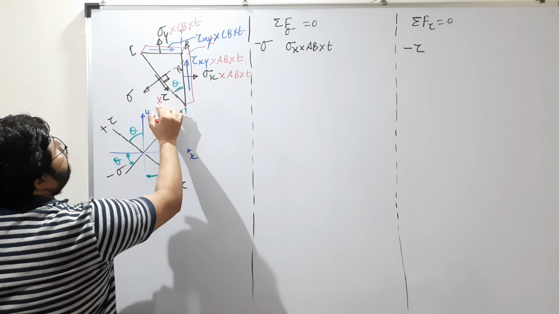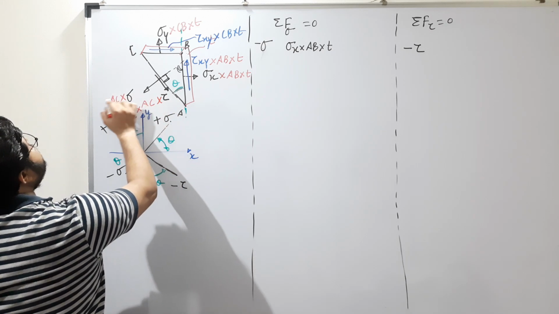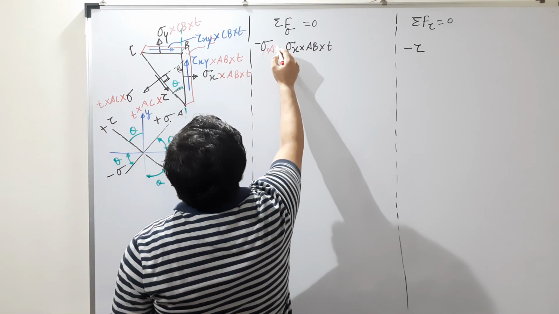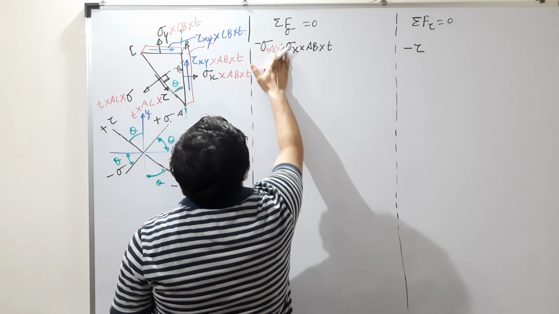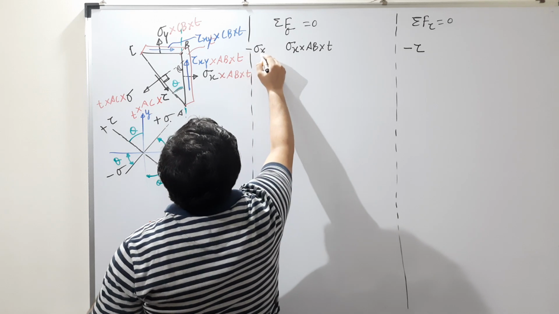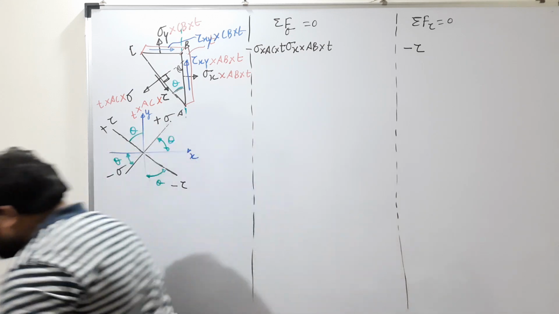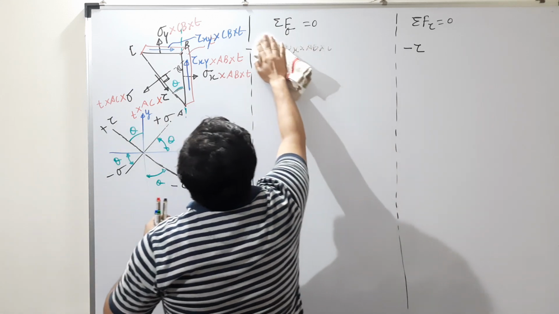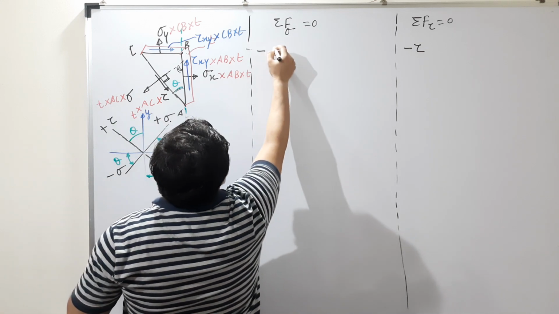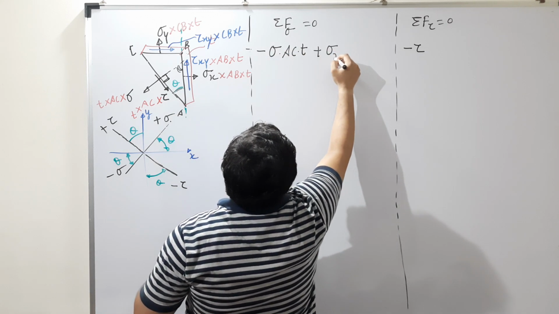This tau multiply by AC multiply by t, and this sigma multiply by AC multiply by t. So this also we need to write here, sigma AC t. This is minus sigma into AC into t.